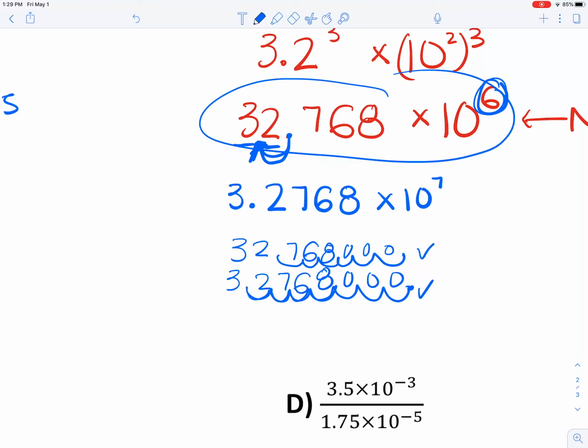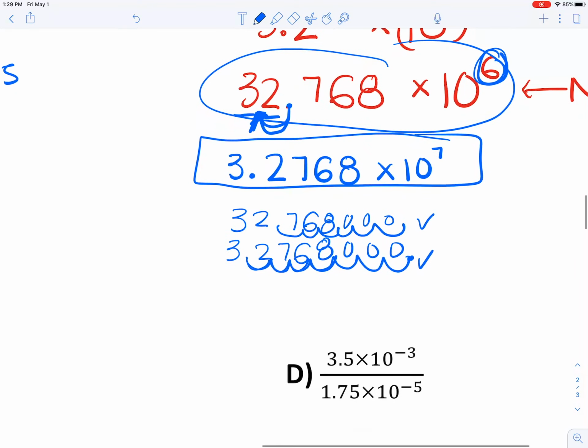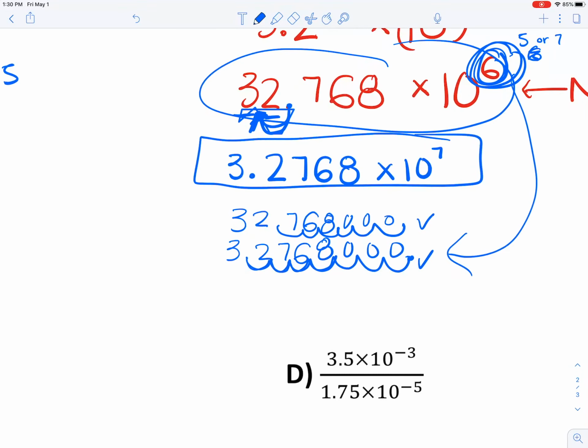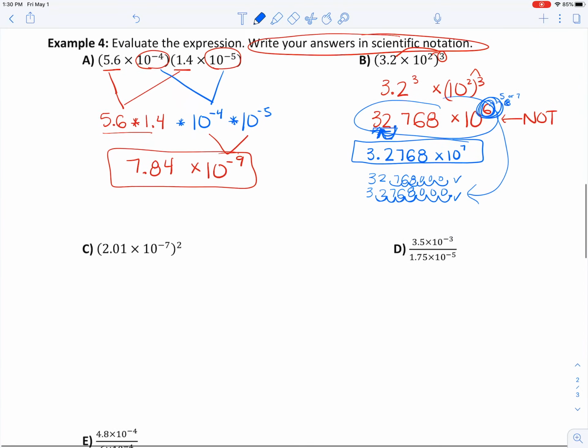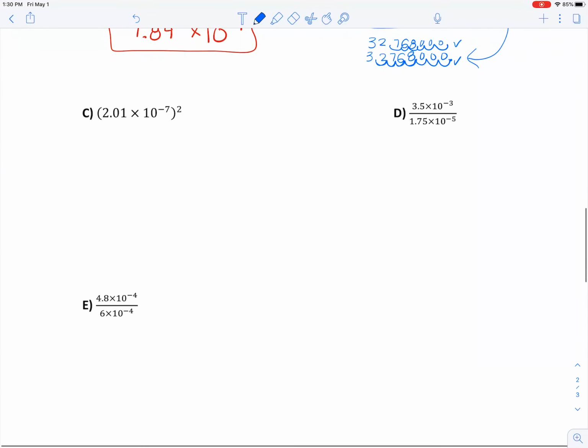If I fill that in with zeros, yes, these two are both the same. So that means that this is my answer. That's just a quick check because sometimes I personally forget if I move this decimal point one more over, do I need to change this exponent to a 6, or excuse me, to a 5 or to a 7? Sometimes it's hard to remember. So this strategy will help you out with that.